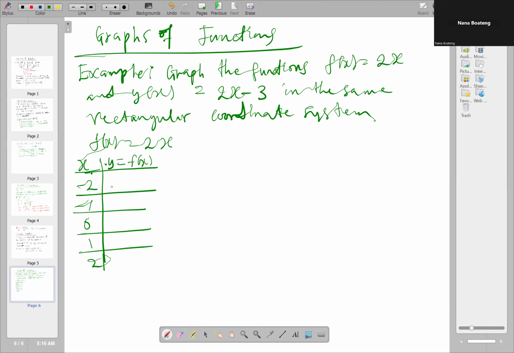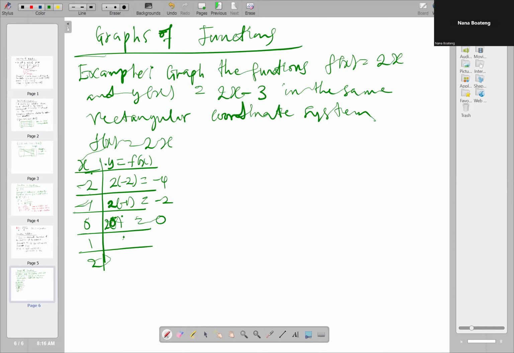If x is equal to negative 2, then y is 2 times negative 2, which gives us negative 4. If x is negative 1, y is 2 times negative 1, which is negative 2. If x is 0, we have 2 times 0, which equals 0.